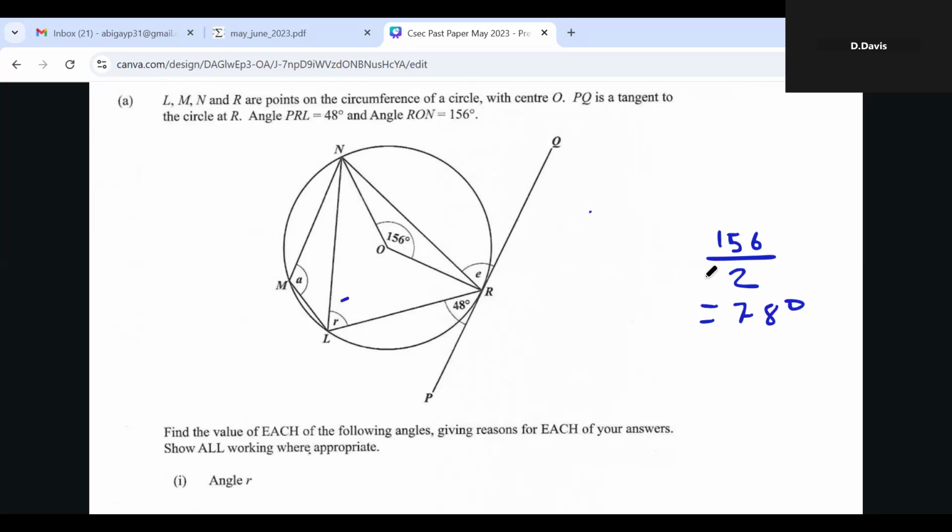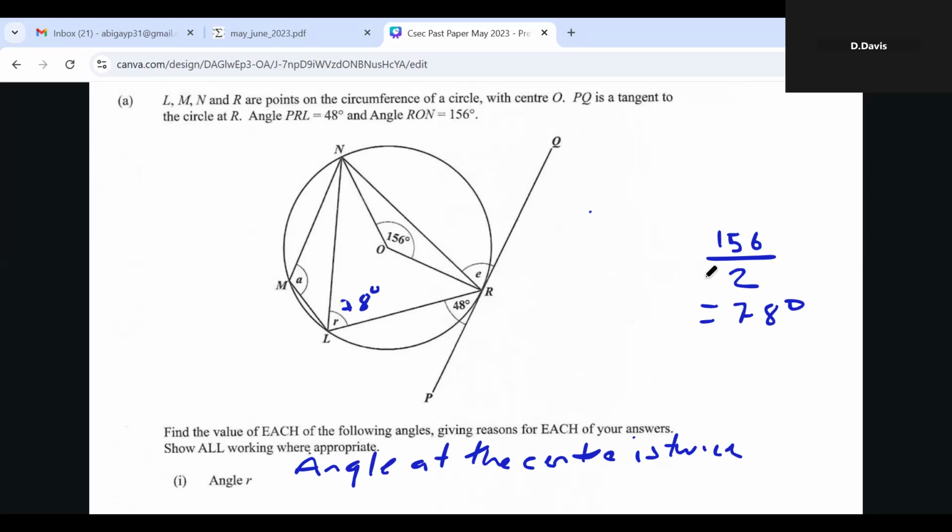So R is 78 degrees. So please make a note. The reason: the angle at the center is twice.